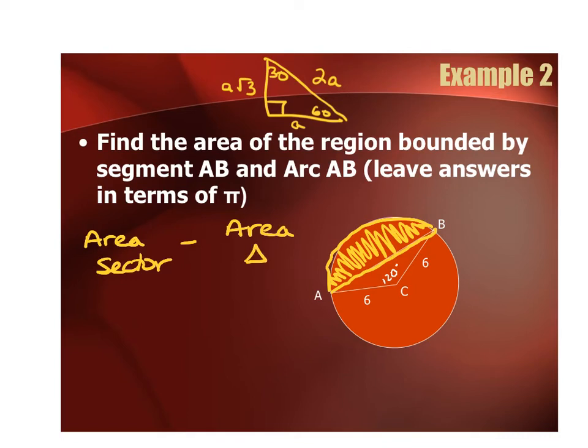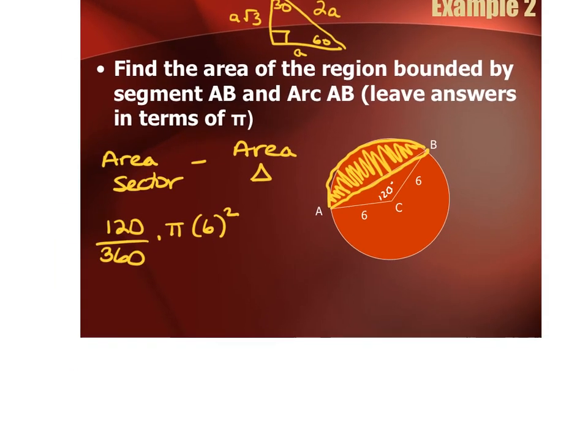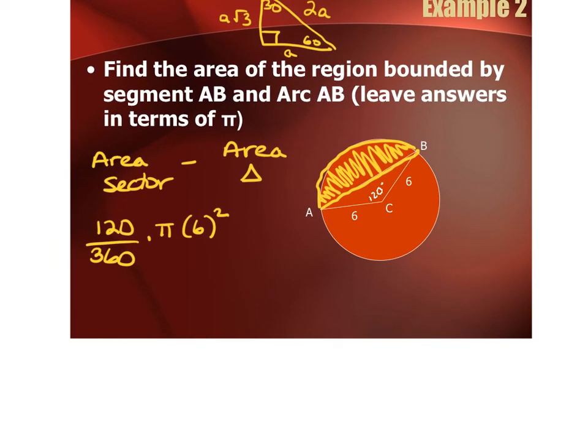So we need to figure out first the area of the sector, and that's what we did on the previous slide, those 4 examples. So here we're going to take our arc length over 360 times pi r squared, and this time my radius is 6. I need to simplify this. Again, I can cross off my zeros. 12 over 36 is going to simplify to 1/3. 6 squared is 36.